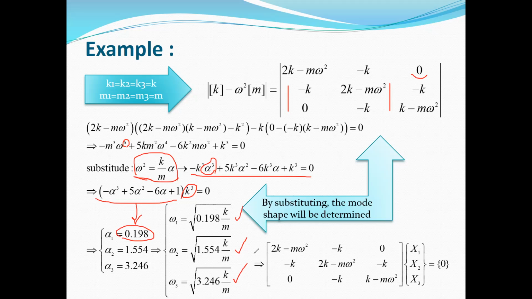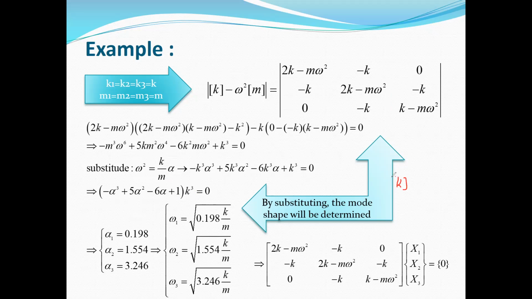So these are the three roots, and now we need to obtain the three mode shapes for this system. For this purpose, we can substitute omega in this equation. In fact, because we have a matrix similar to the 2-degree of freedom system, we will have matrix K minus matrix M multiplied by omega squared.